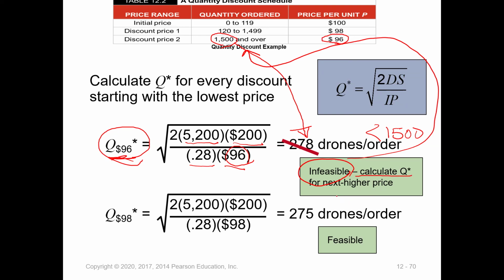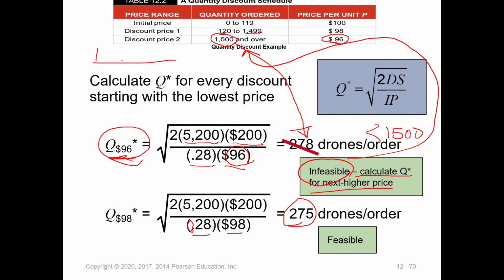Then we calculate Q star for the next higher price, which is 98. 2 times 5200 times 200 divided by 0.28 times 98. See, we just changed the price. It's 275. Oh, 275 is here. It is between the 120 and 1499.